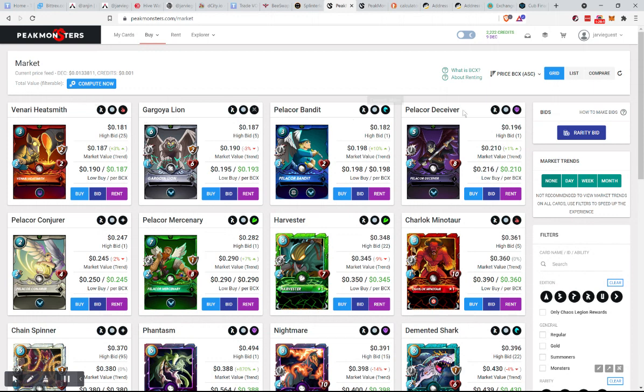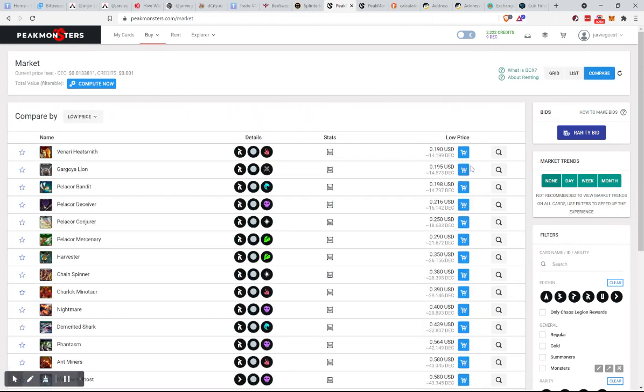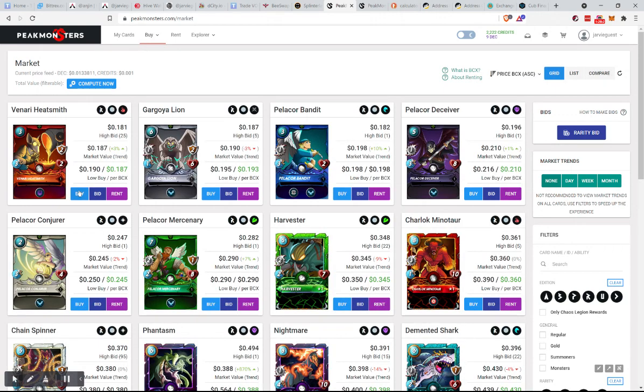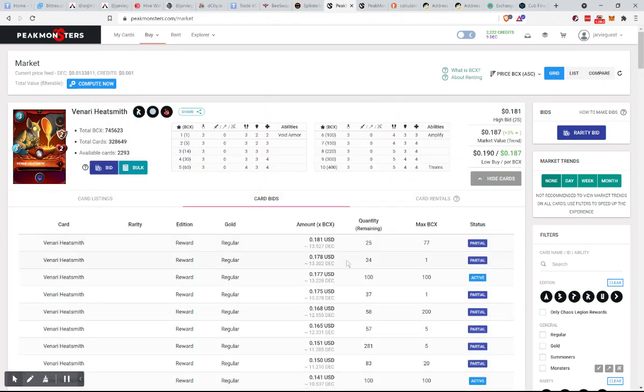So we better do the cheapest card on the market, which is this one. Let's refresh, see if we got the cheapest amounts. Yeah, I guess that's it. All right. So bid. The highest bid is 181, which is 13 DEC. Sad. Told you we should have kept some in there.